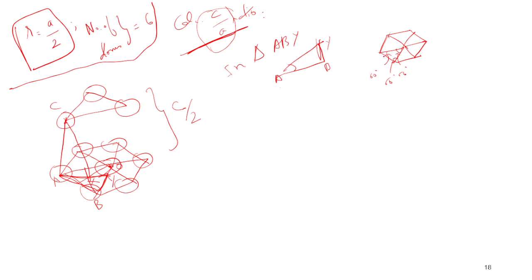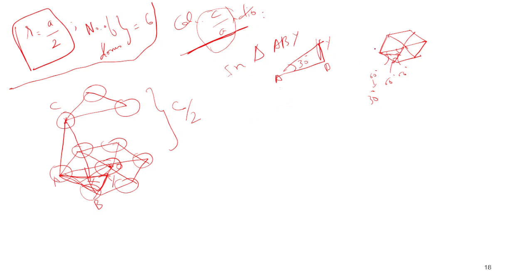The total internal angle is 180 degrees, and if we take the angle at each point, it will be 60, 60 and 60 degrees, right? So what we are doing here is bisecting this, cutting this in the center. Since we are cutting this in the center, this becomes 30 degrees. So here we have 30 degrees, right?